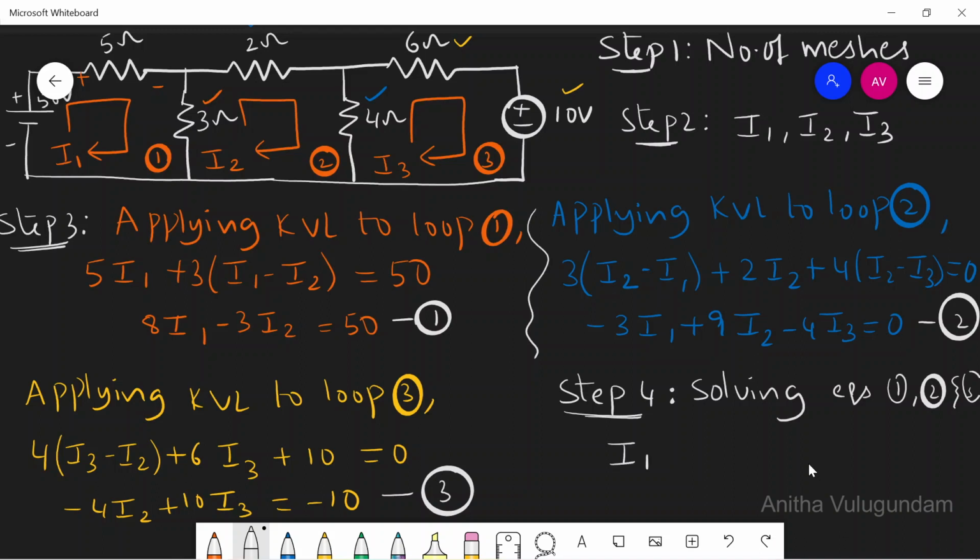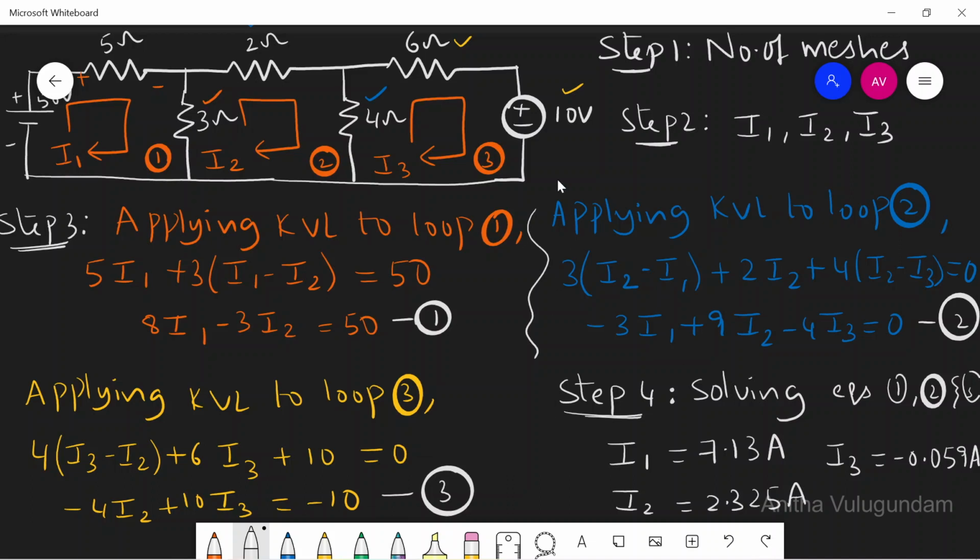Using a calculator, I got I1 equal to 7.13 amps and I2 equal to 2.325 amps and I3 equal to 0.059 amperes. These are the three currents we got.